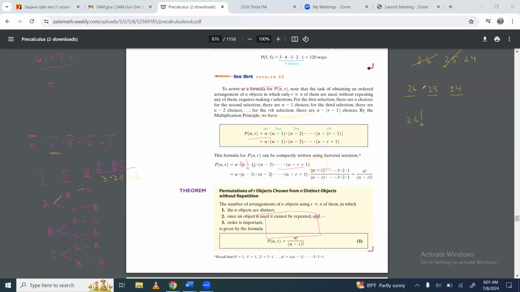So instead of multiplying these numbers, 25, 24, and stopping at that point, you can go 26 factorial, which is actually going to continue further: 25, 24, 23, 22, and all the way, remember, down to 1. So that's why people don't really like to put all of these numbers. It takes a while. So they put dot, dot, dot, and then all the way to 1.